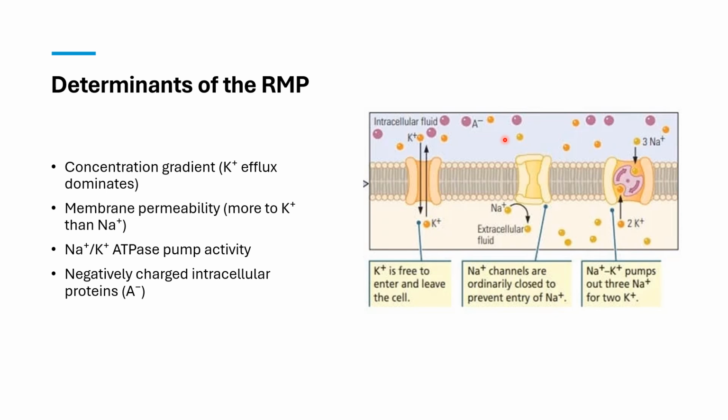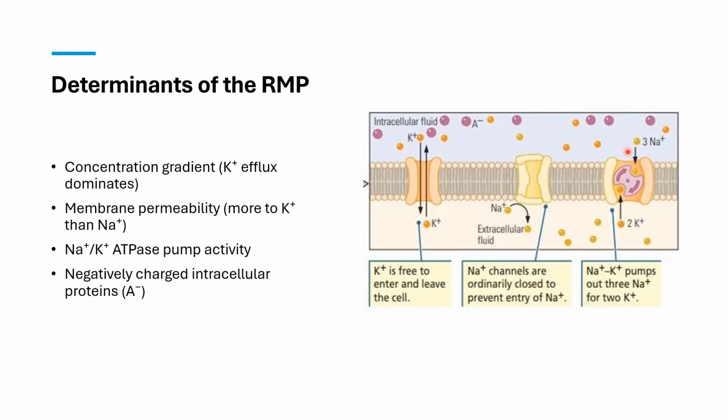Thirdly, the sodium potassium ATPase pump. This active transporter continually moves 3 sodium ions out and 2 potassium ions in for every ATP molecule that is hydrolyzed.